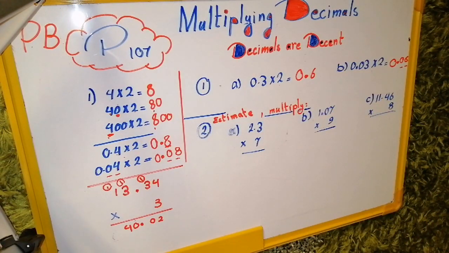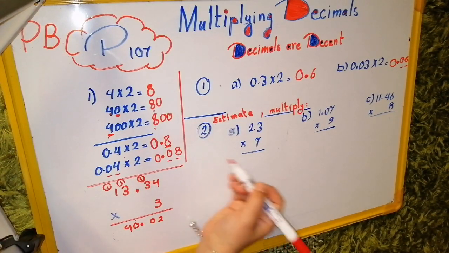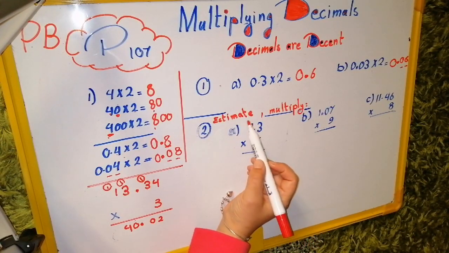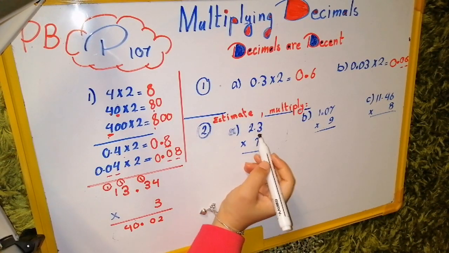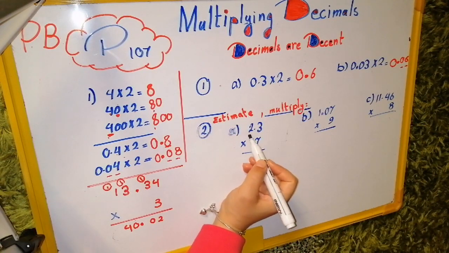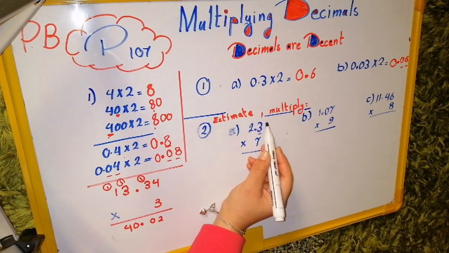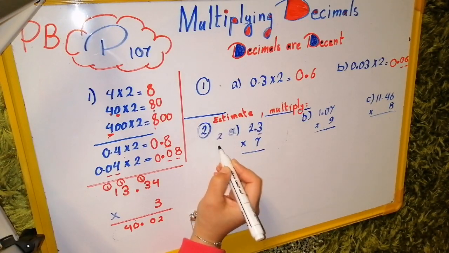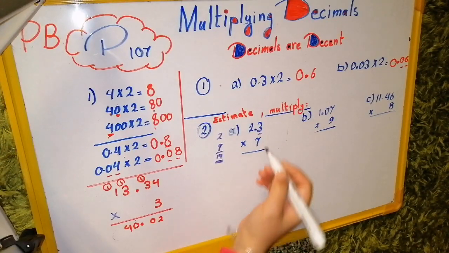Let's see next. Here, exercise 2, I have 7 times 2.3, but here he is asking me to estimate first. So I'm going to estimate. As we said before, estimation is mentally rounding quickly. I have 3, I look at the number after the point quickly, it's less than 5, so I'm going to ignore it, so this is going to be 2, and here 7. 2 times 7 is 14, so this is my estimation.